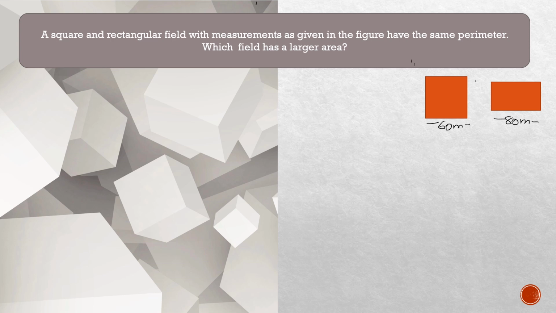Hello students, first question. A square and a rectangular field with measurements as given in the figure have the same perimeter. Which field has a larger area? Here it is given that the square and the rectangular field have the same perimeter.